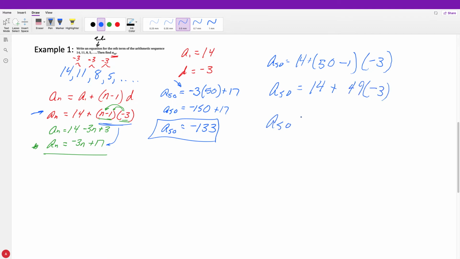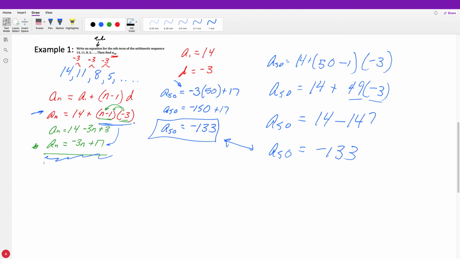Well, 49 times -3 is minus 147. And 14 minus 147 is -133. So you see it still gives us the same answer. Even though we don't see that -1 anymore, it's embedded within this rule because we distributed the -3 and multiplied it out.